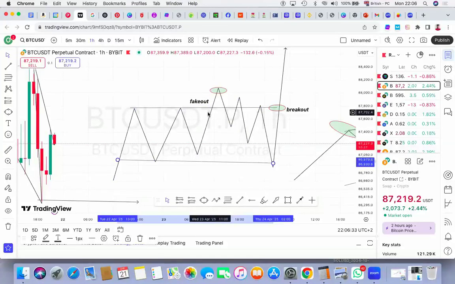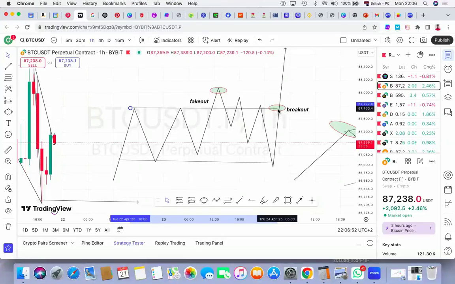A fake out is just the market reversing, coming here to test it, and the sellers push it back again, and then the buyers push it back upward again. Finally, the sellers were tired. They no longer have money to sell the market again. The buyers took them out of the market, and then the market finally broke out.